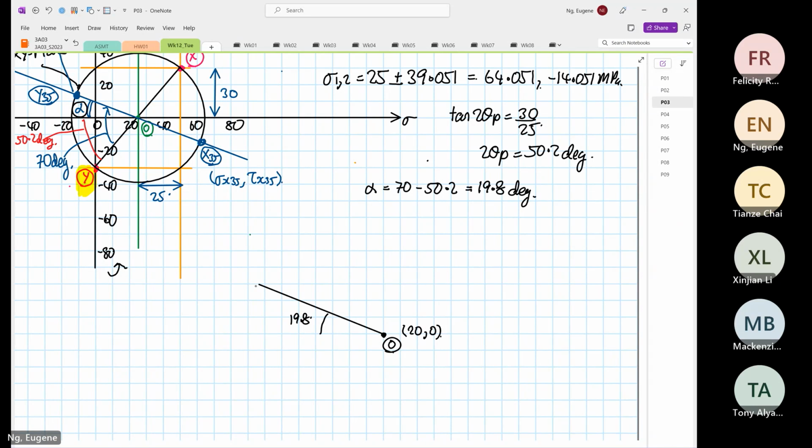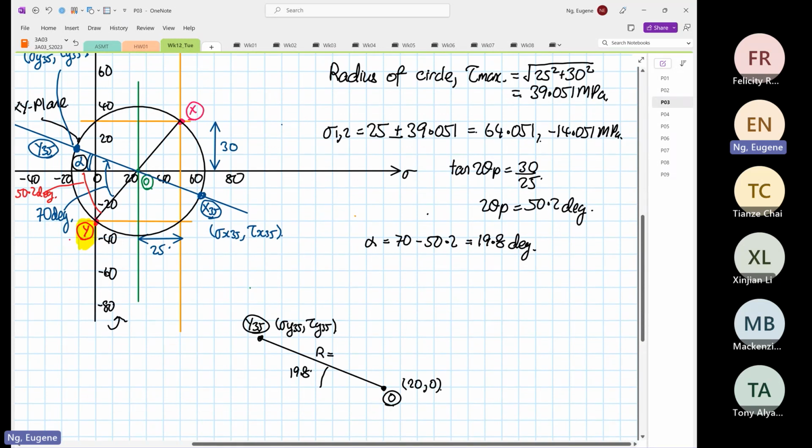So at this point is our Y35, and our Y35 has a normal stress and a shear stress. We know that the radius of that line is equal to 39.051. So it's very easy to find the normal stress and shear stress on Y35.